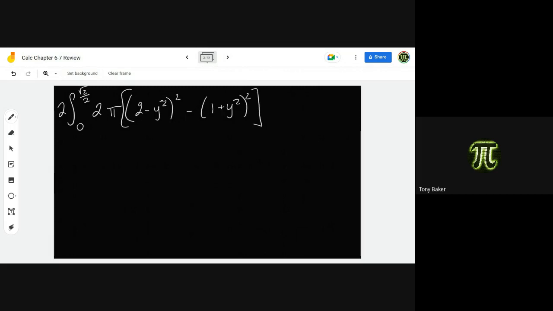All right, so let's clean this up as much as I possibly can. Oh, it's not 2 pi r, it's just pi r squared. I had the other one in my head too. All right, so let's do this part in here real quick. So I've got 4 minus 4y squared plus y to the 4th minus 1 plus 2y squared plus y to the 4th.